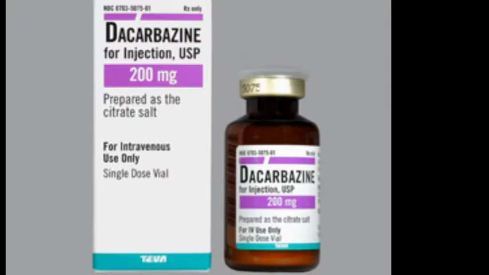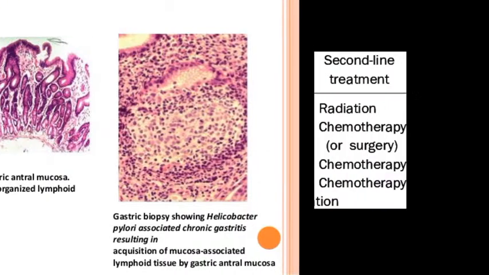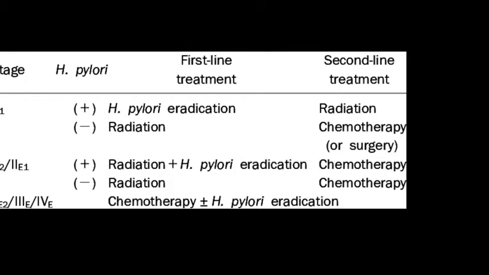See here, dacarbazine is the drug of choice for Hodgkin's lymphoma. And see, this is MALT lymphoma, which occurs in the gastric mucosa cells, mucosa associated lymphoid tissue, and for that we have to give treatment which is the same as H. pylori eradication, and we can give radiation and chemotherapy.